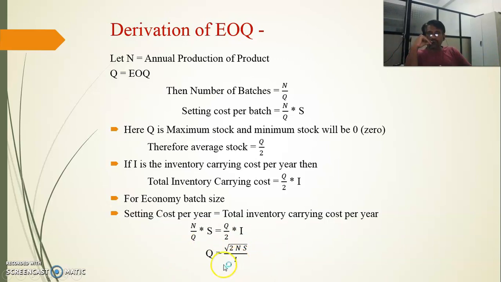So this formula will be an easy way to calculate the economic order quantity if we know the total production in a year, the setting cost per batch, and the inventory carrying cost per year. So this formula will represent the EOQ value, which will be understood with the help of the example.